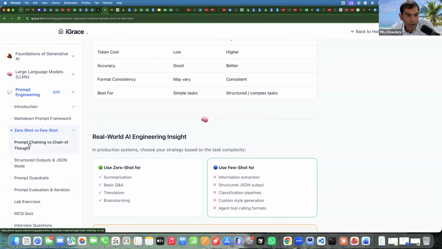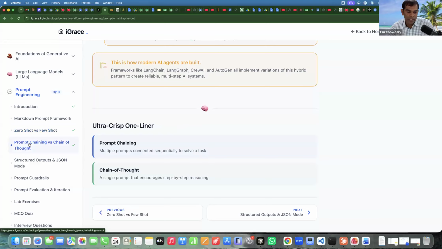Now we'll move on. We discussed zero-shot prompting, few-shot prompting, and what a good prompt looks like. Prompt chaining, as we discussed, is all about breaking down a complex task and then connecting all those subtasks using some workflows or a framework like LangChain.